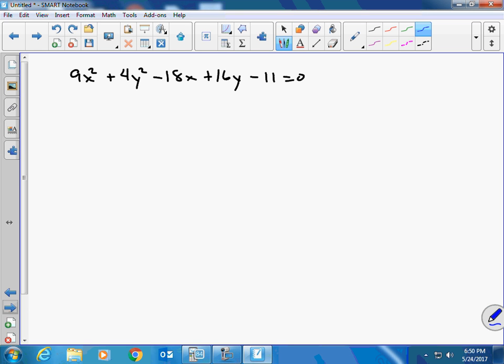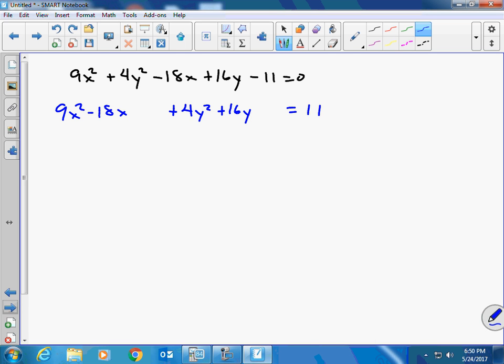First step, group my x's and my y's together. So 9x squared minus 18x, leave myself a space, plus 4y squared plus 16y, get rid of the constant. Step 2, this was not on the recording about circles, but it was on the recording about completing the square.